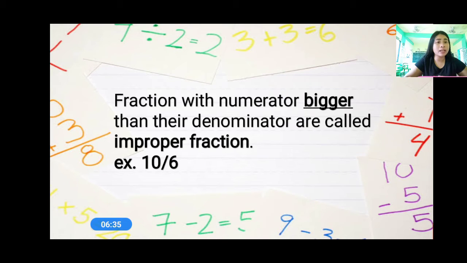Do you understand? So example is 10/6. The numerator 10 is bigger than the denominator 6. So always remember that improper fractions are fractions wherein their numerator is bigger than their denominator. Do you understand? Okay, very good.